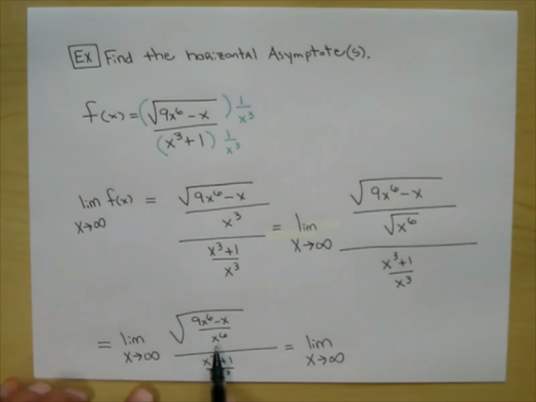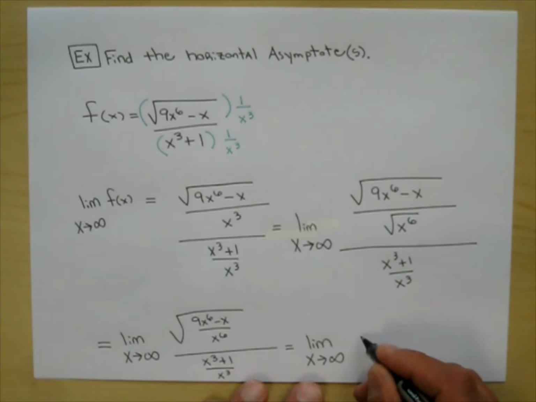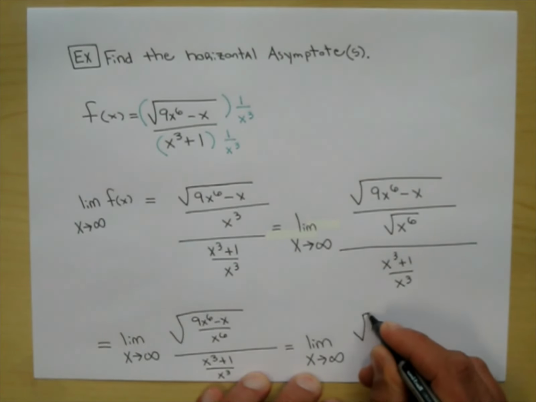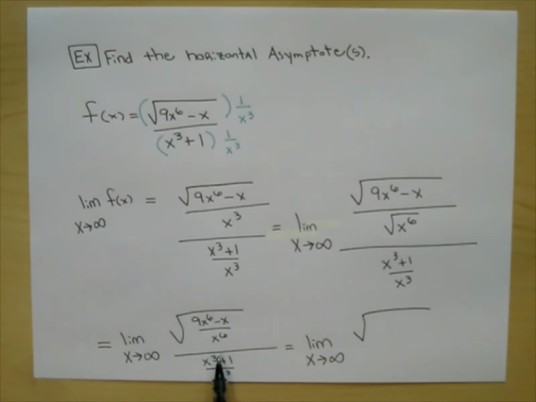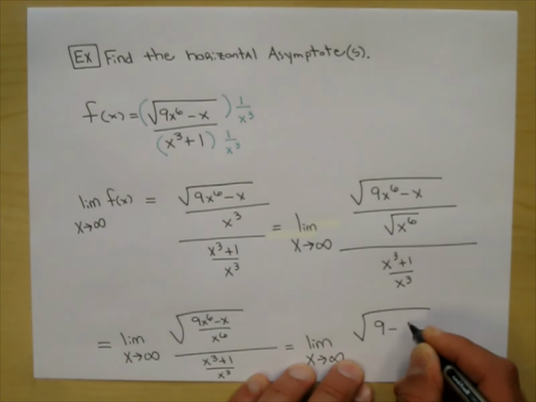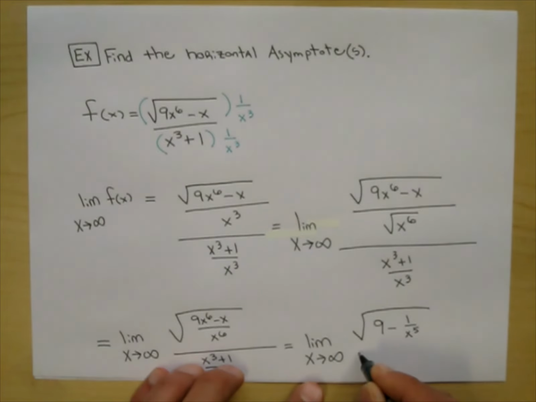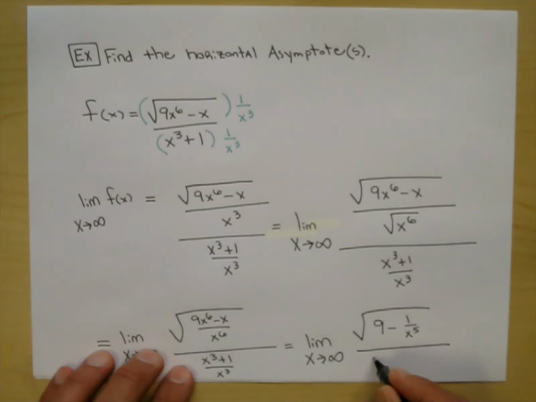So we can do what we've been doing in those other problems. This is really just going to say 9 minus 1 over x to the 5th. And down here, this is going to say 1 plus 1 over x cubed.